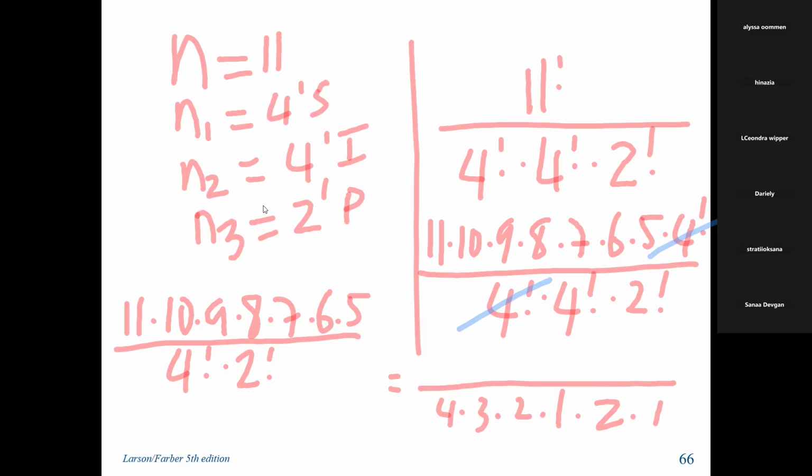So it's 11 times 10 times 72 times, that's 1, 6, 6, 3, 2, 3.